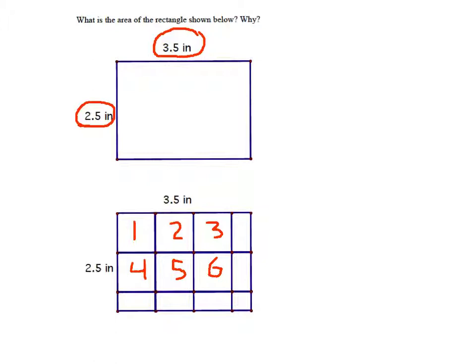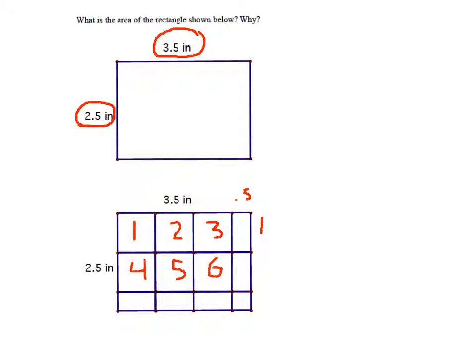So this little piece here is 0.5 by 1, or 1/2 an inch. Same thing down here. This rectangle has the same dimensions as that. They're each going to be 1/2 a square inch.